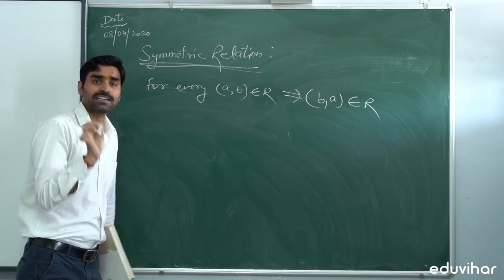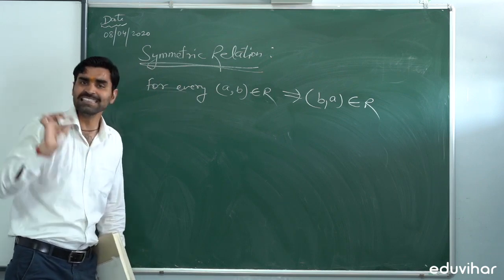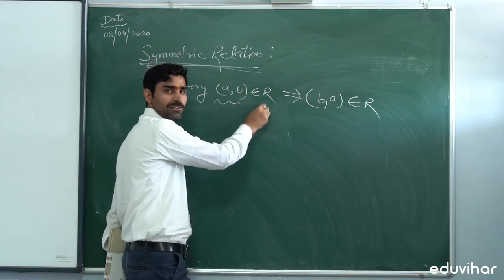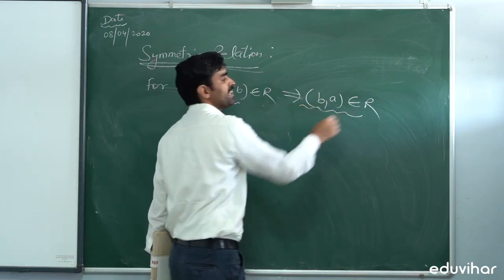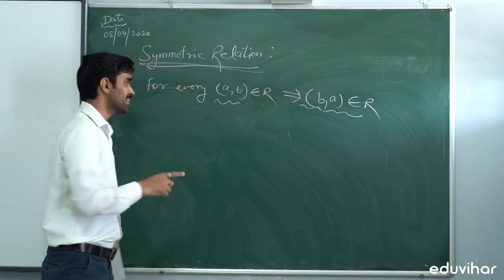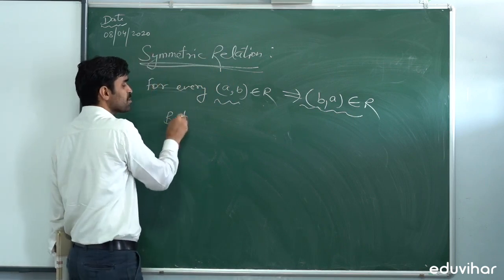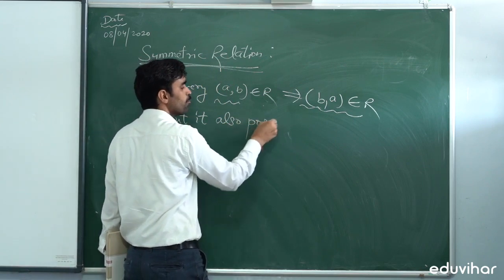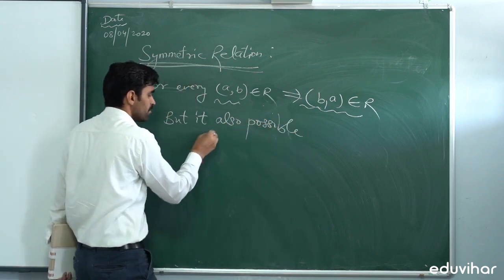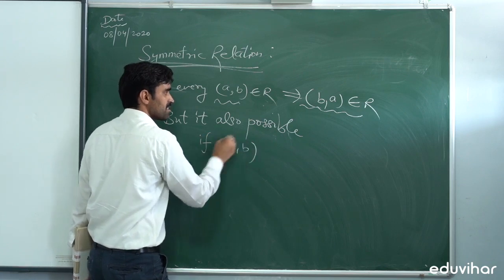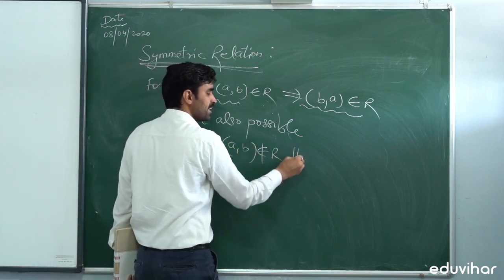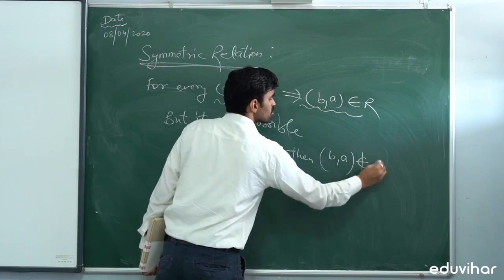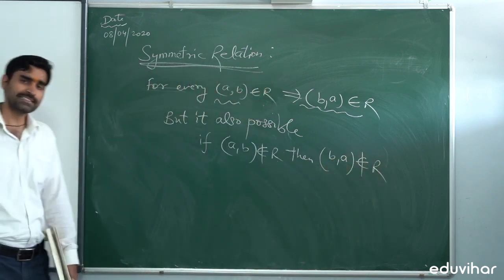That is, the inverse mapping always exists here. If AB belongs to the relation, then BA must also belong to the relation. But it is also possible that if AB does not belong to the relation, then BA also does not belong to the given relation.